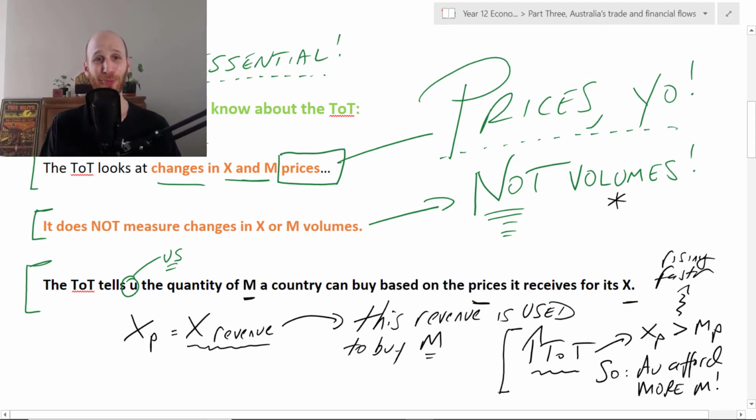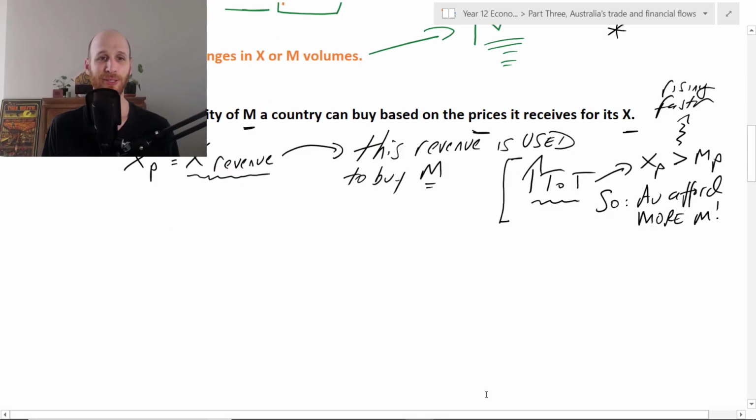Okay, this is an important point. So the terms of trade, the relative rise of the prices of exports compared to imports, is telling us the quantity of imports that a country can buy for a given quantity of exports.